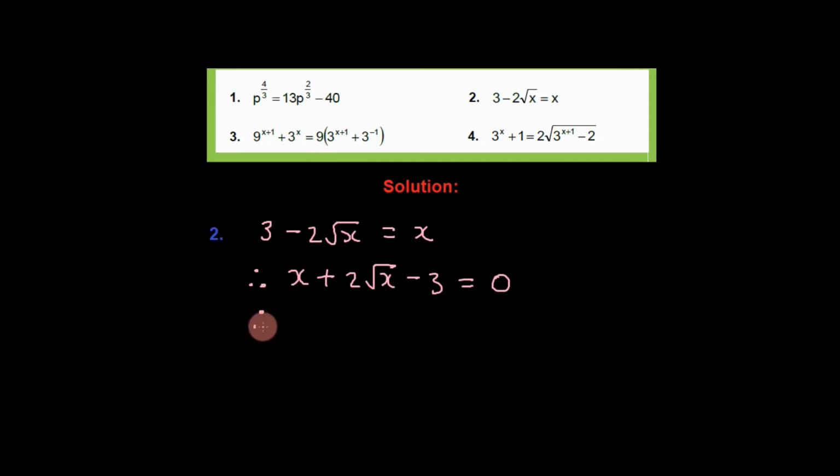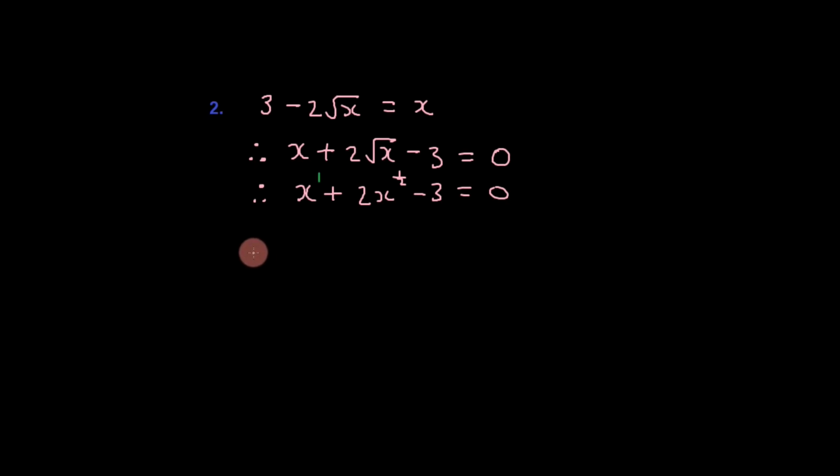And we can rewrite the square root of x as x to the half. Now, notice that the power of the first term is twice the power of the second term, 1 being twice a half. So we know this is a trinomial type, and we can use k substitution.